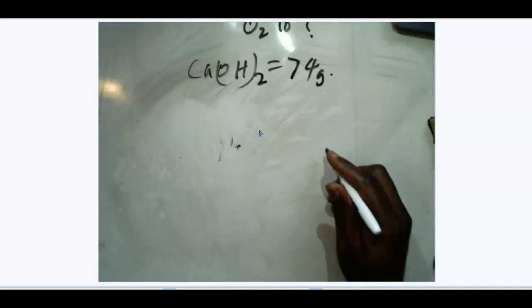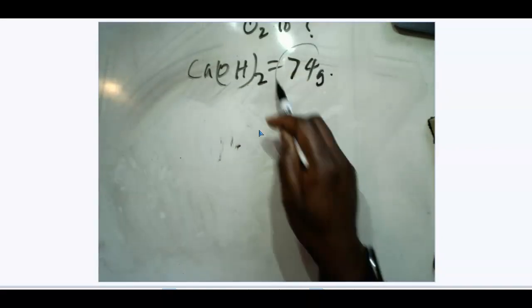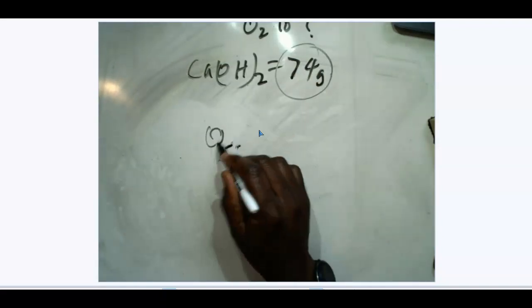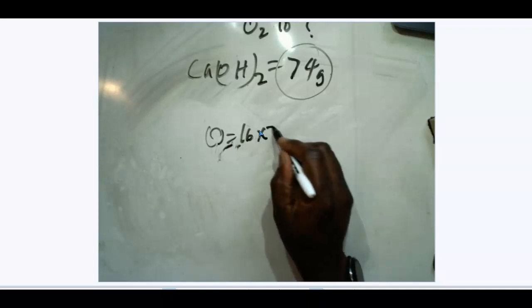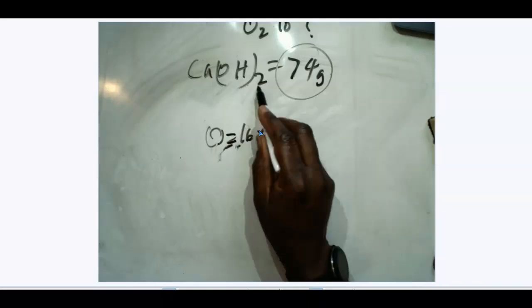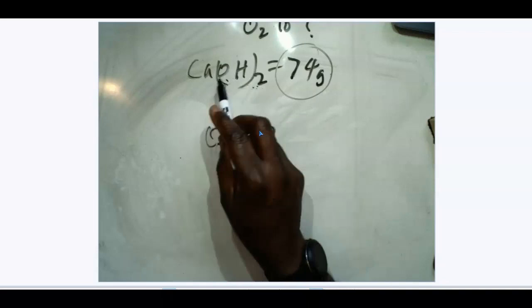We're looking for the percentage of oxygen in this compound. The formula mass is 74 grams. Oxygen here is 16. Can you please mute your audio, whoever it is? 16 times 2, because you have 2 oxygen in this compound. These 2 are distributed on OH.